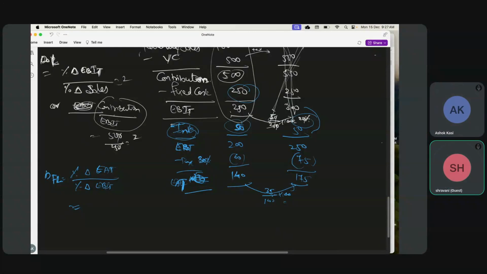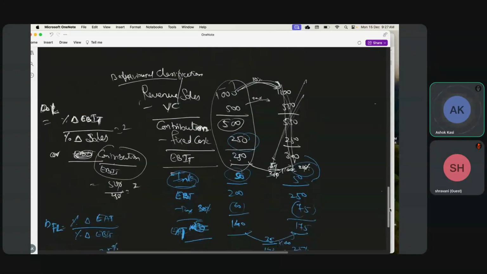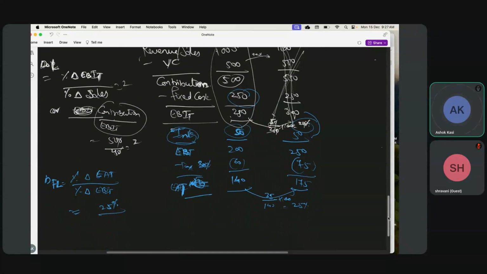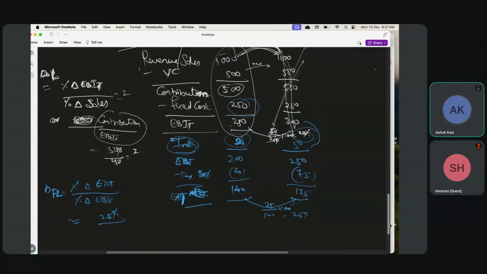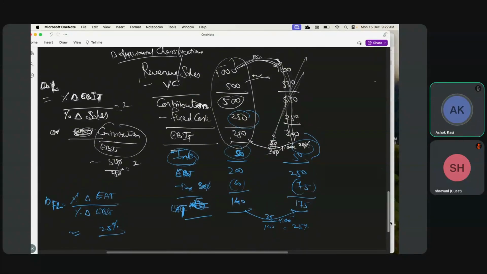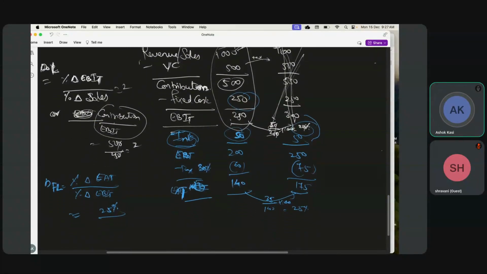25%. So 25 percentage divided by the percentage change in EBIT. Percentage change in EBIT is 20 percent.